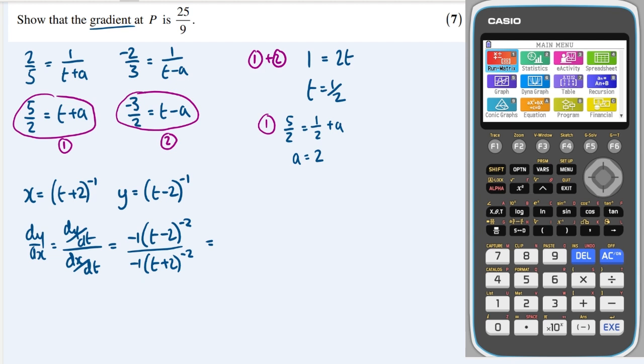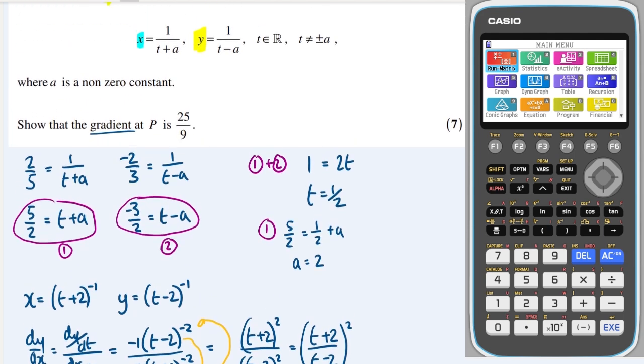Minus 1s will cancel. We've got negative powers here, which means they're reciprocals. So I can get rid of the negative power and send that one up to the top, and get rid of the negative power and send that one down to the bottom. So this will be t plus 2 squared over t minus 2 squared, and I can write this as t plus 2 over t minus 2 all squared.